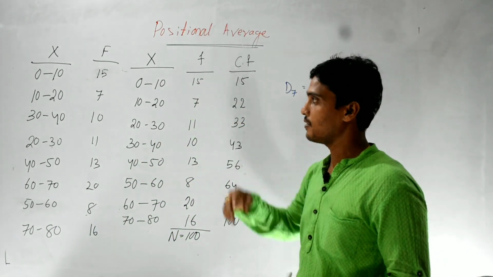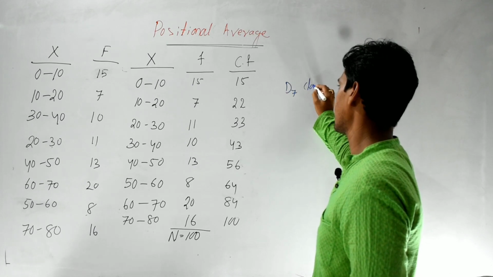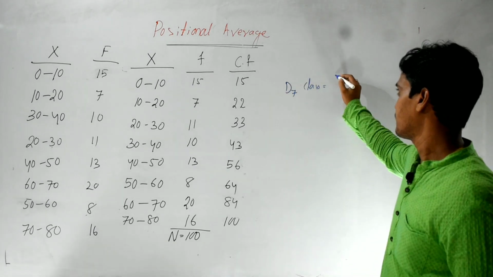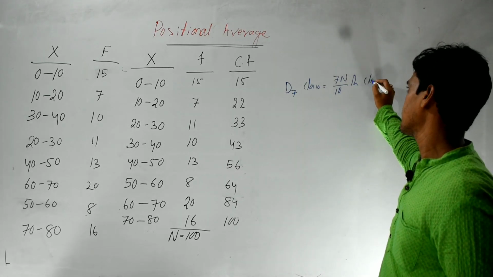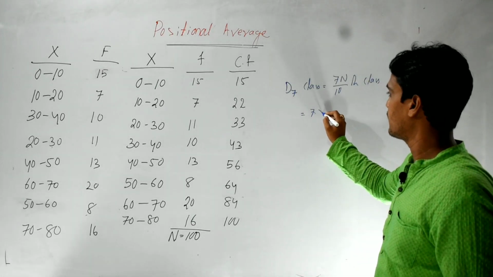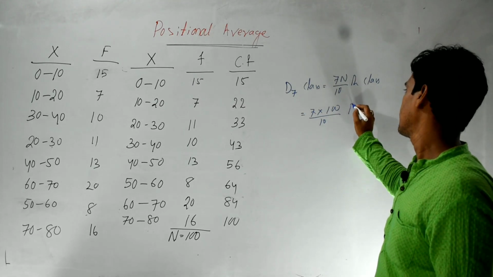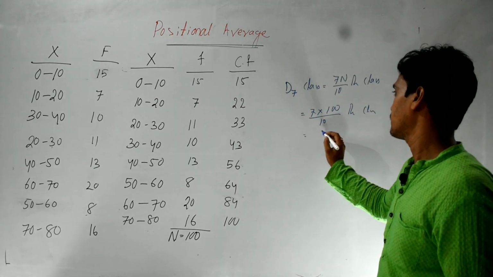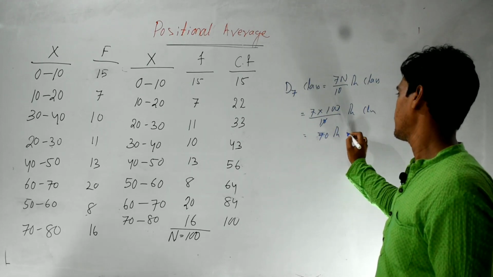As it is a continuous series, we have to find the D7 class, that is the 7n by 10th class, that means 7 into 100 by 10, equals the 70th class.